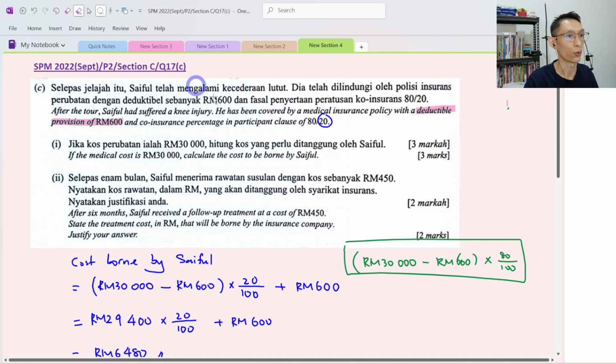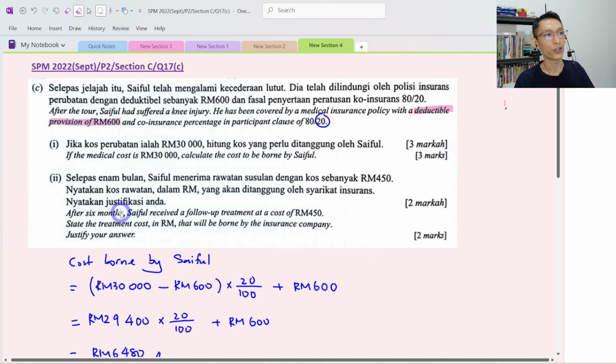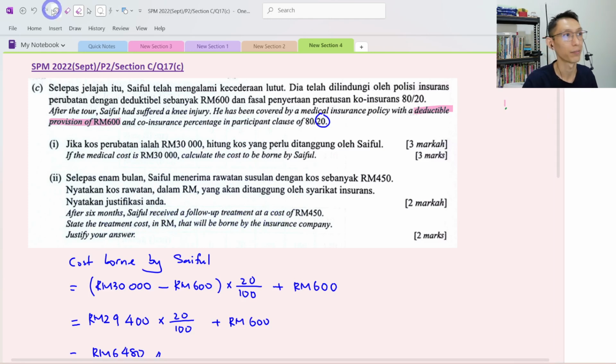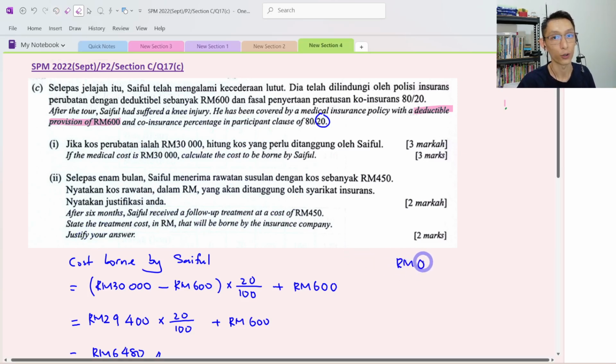Now let's go to part 2. After 6 months, Saifu received a follow-up treatment at a cost of 450 ringgit, which is less than the deductible. Therefore, the insurance company will not pay any compensation to Saifu. State the treatment cost in RM that will be borne by the insurance company, and then you need to justify your answer. So the answer is RM0. Why?